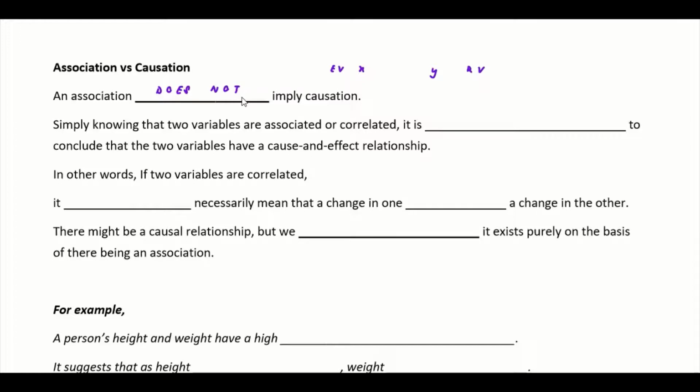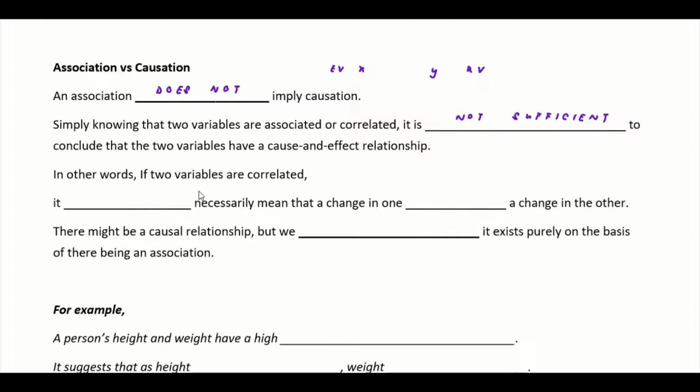Basically, simply knowing that two variables are associated or correlated is not sufficient for us to conclude that the two variables have a cause and effect relationship. Later I'll try to give you examples on this.